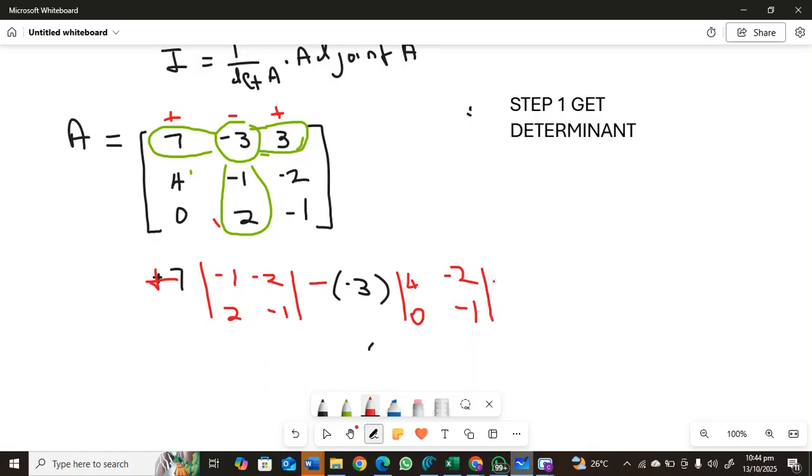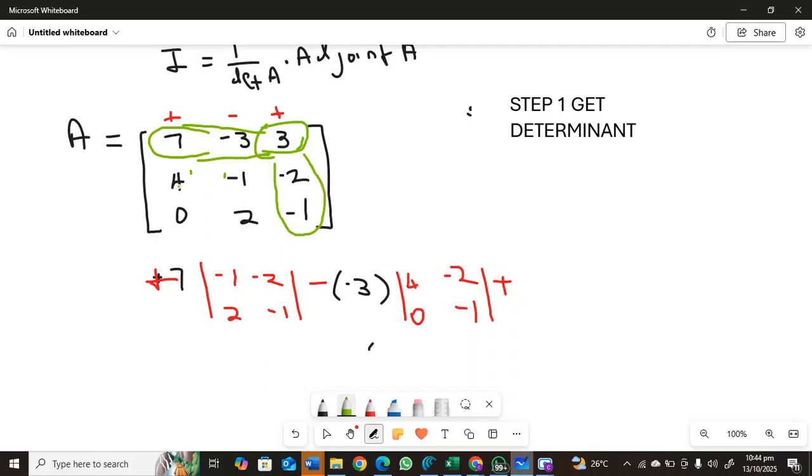All right, then you put plus. Then you go to the next number, this positive 3 here. Okay, you get this. Circle it. Cancel this 7 and negative 3 here. Cancel this negative 2 and negative 1 here.